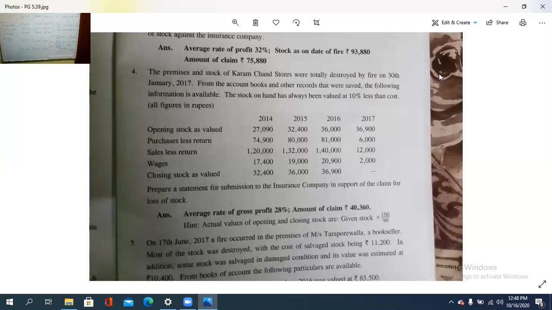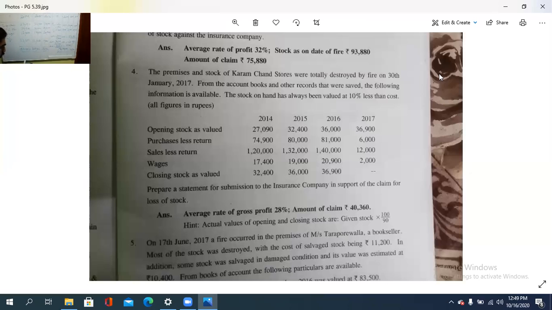So we will calculate the average: 27.86 plus 27.73 plus 27.51, 83.10 divided by 3 is equal to 27.7, that is 28%. See, approximately we need to calculate, okay? Better approximation. So it is 28.